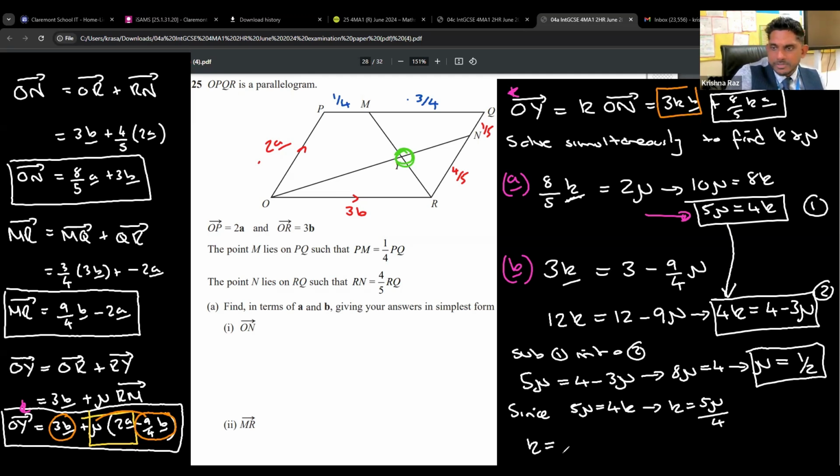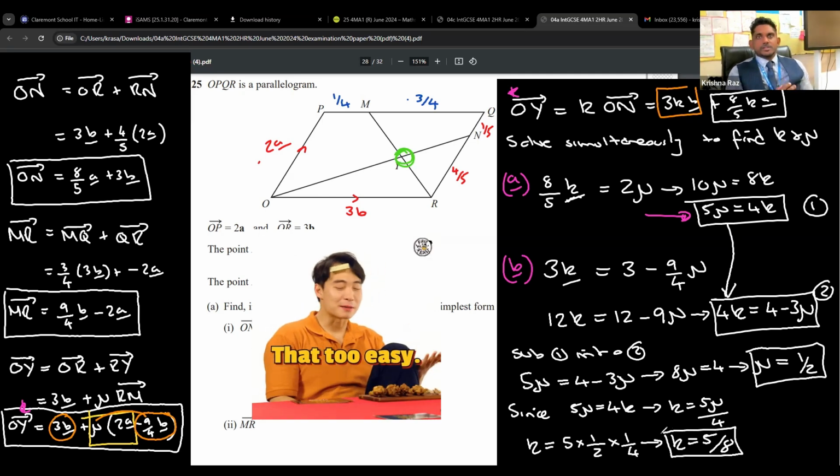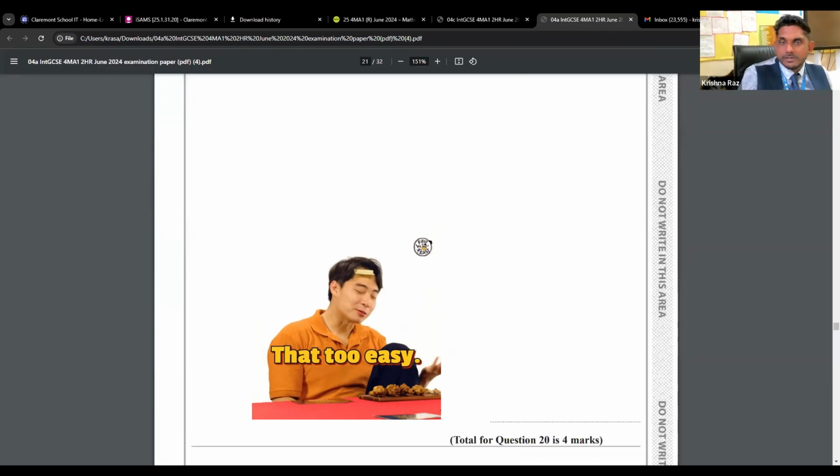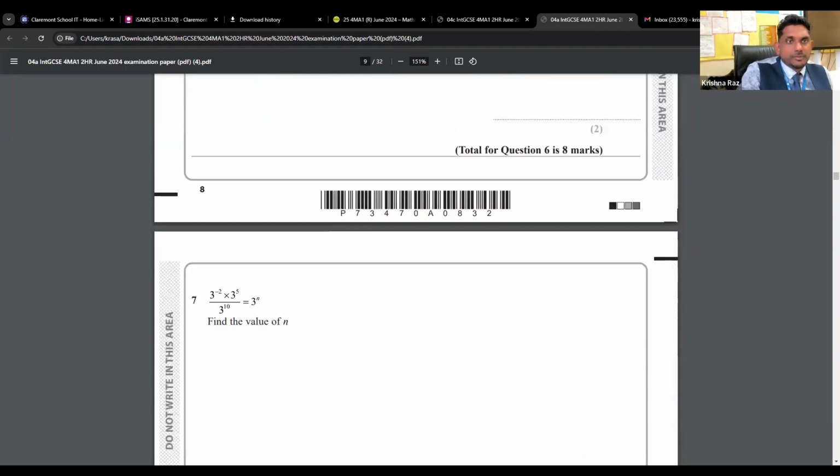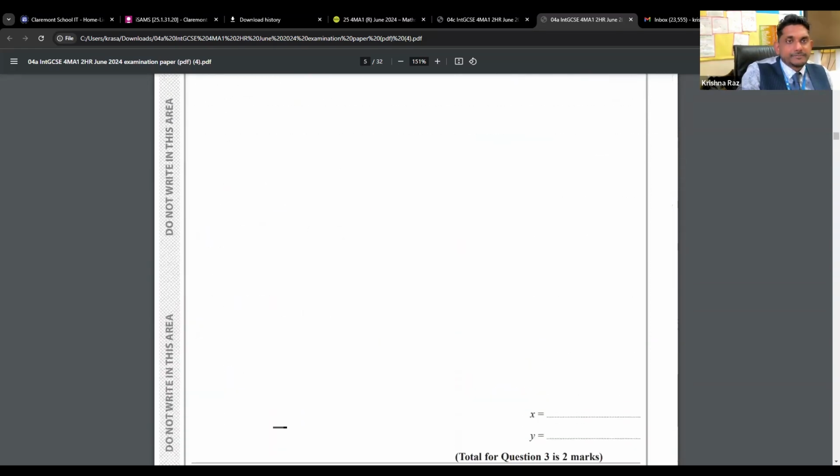So K equals 5 times a half divided by 4, which is the same as times 1/4. So K equals 5/8. Job done.